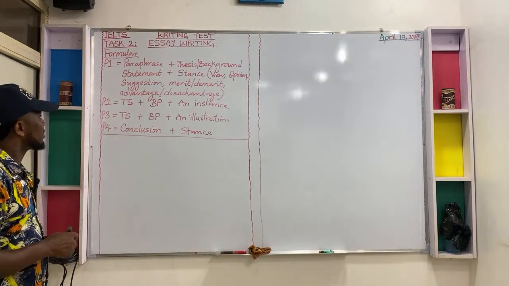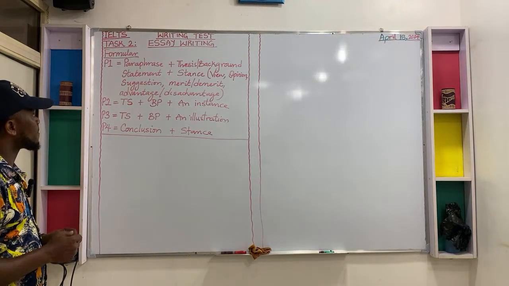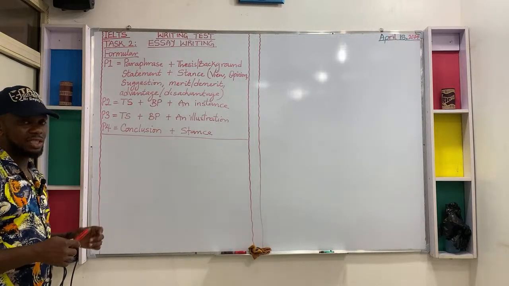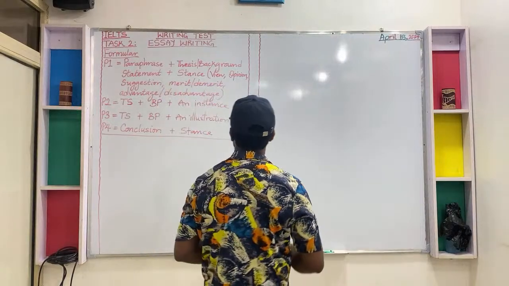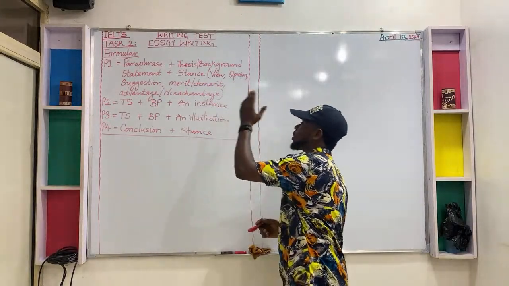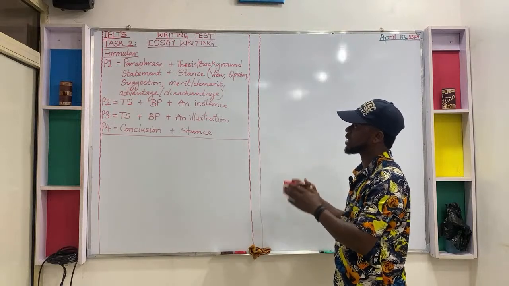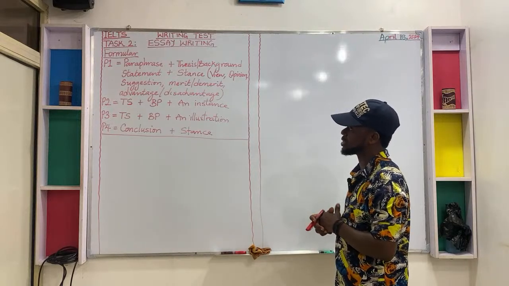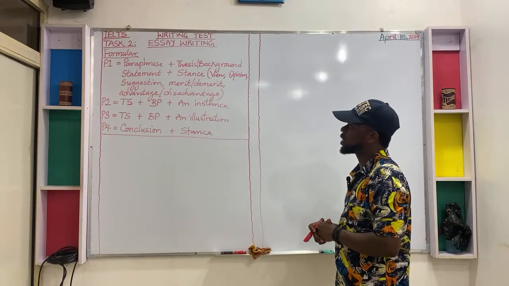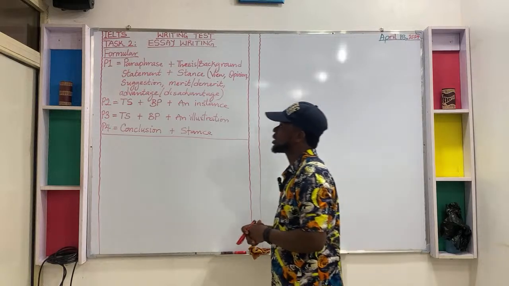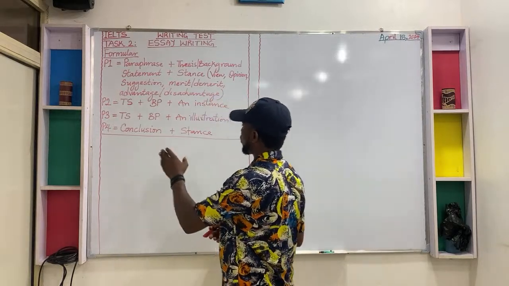Now let's jump on the formula for writing an essay. In essay writing, you are expected to structure your essay in a way that is considered to be standard according to IELTS examiners. Now, looking at this formula, we have P1, P2, P3, and of course, P4.